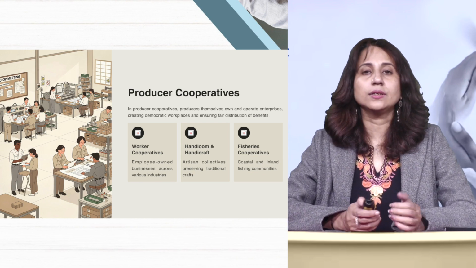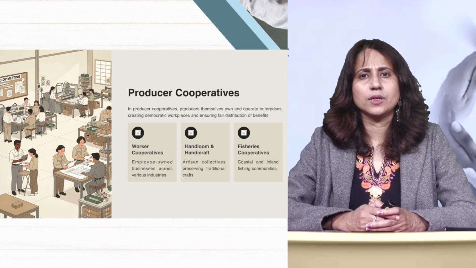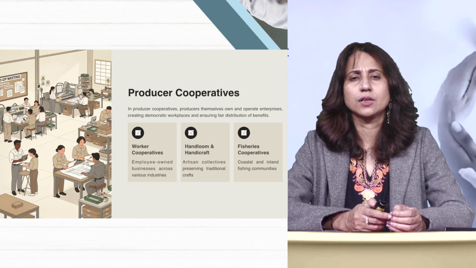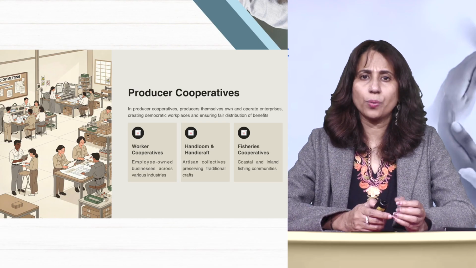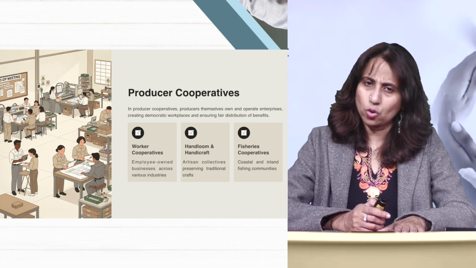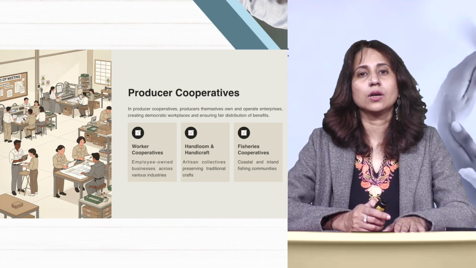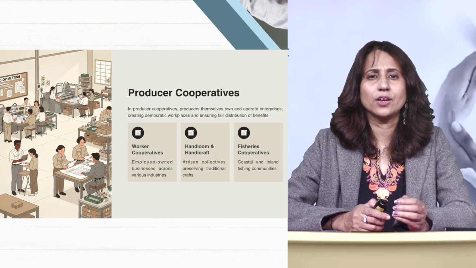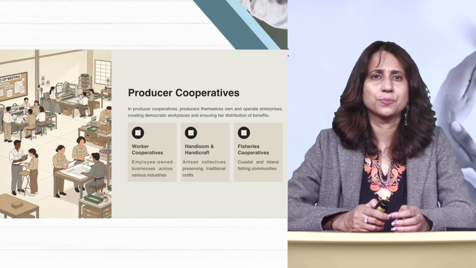When we talk about the types of worker cooperatives, these range from small artisans' collectives and professional service cooperatives like doctors, lawyers, designers, to large industrial worker cooperatives. And in India, worker cooperatives exist in sectors like spinning mills, handicrafts, construction, and services.